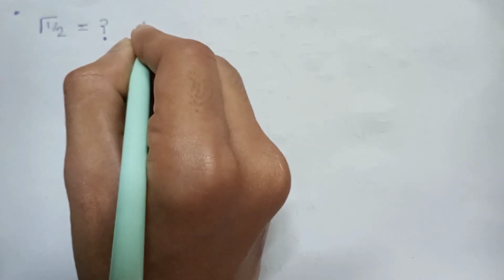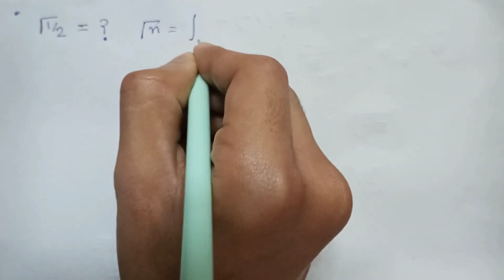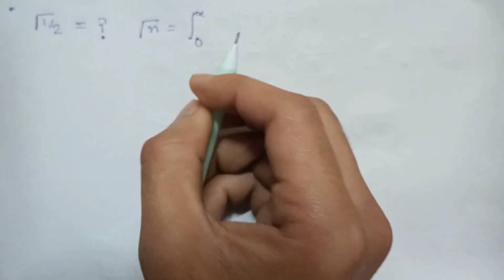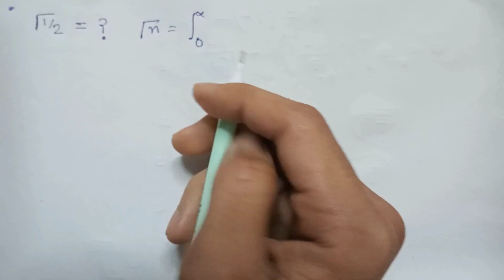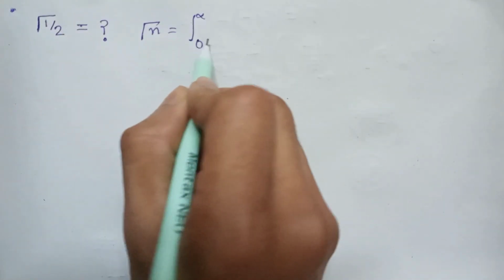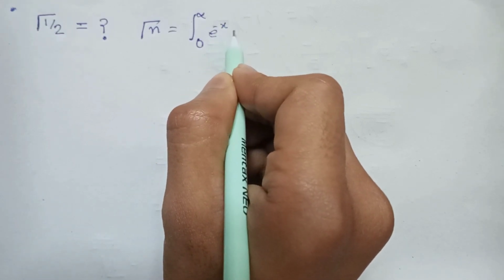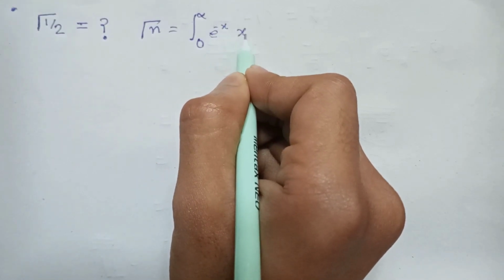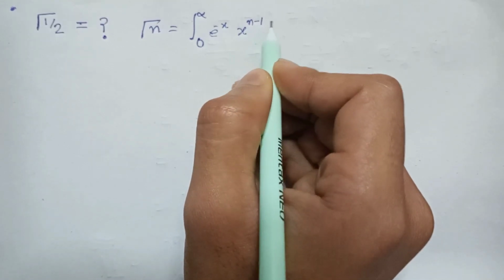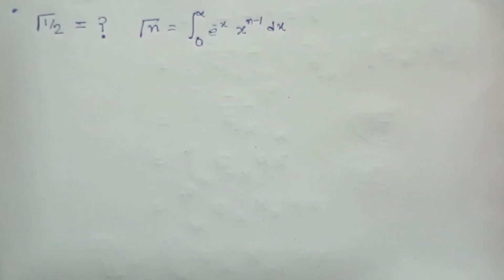Now we know that gamma n is equal to the integration from 0 to infinity of e to the power minus x, x to the power n minus 1, and there must be a dx term here.